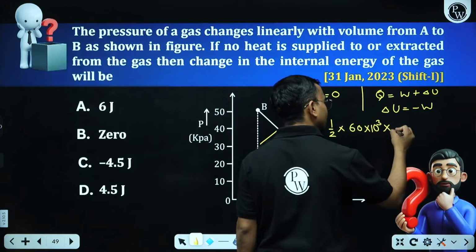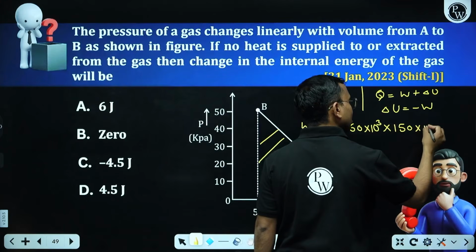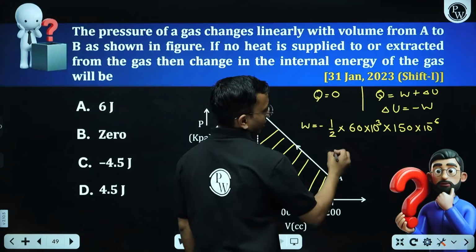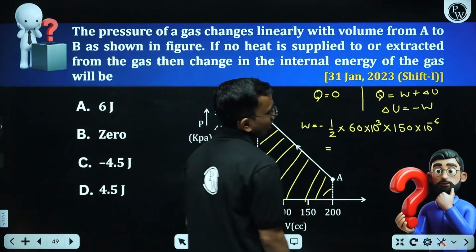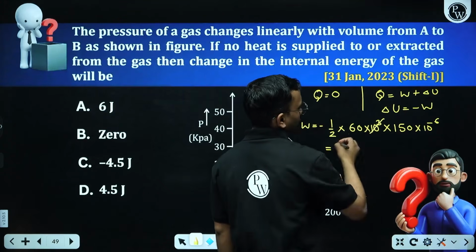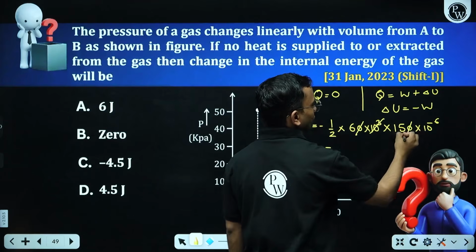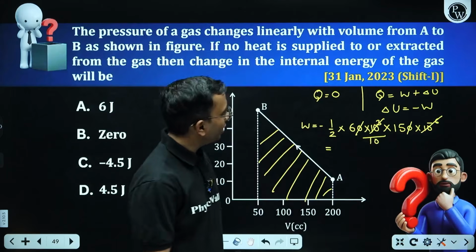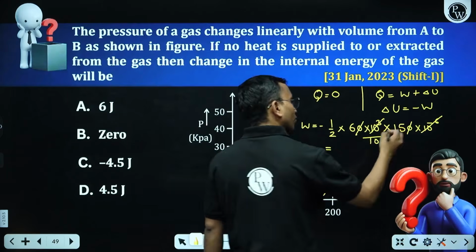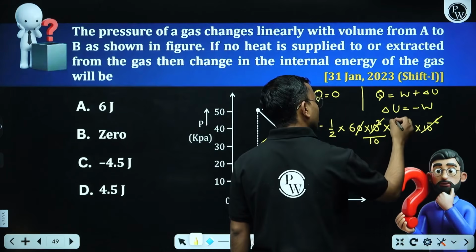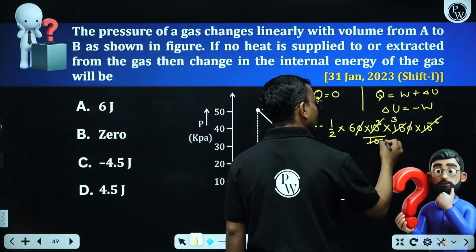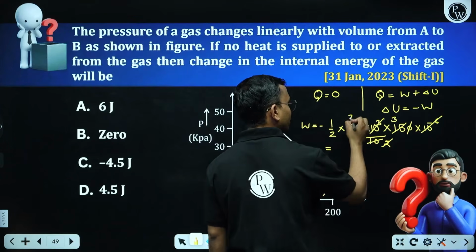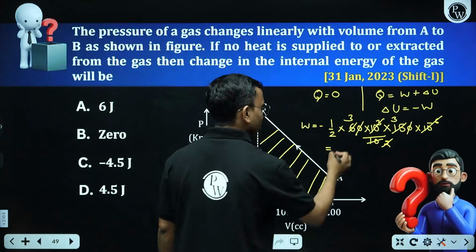So 150 into 10 to the power minus 6. How much is this? 10 to the power 3, 4, 5, so one 10 will remain in the denominator. 5 into 3, here 5 into 2 and 2 into 3, 9 by 2.